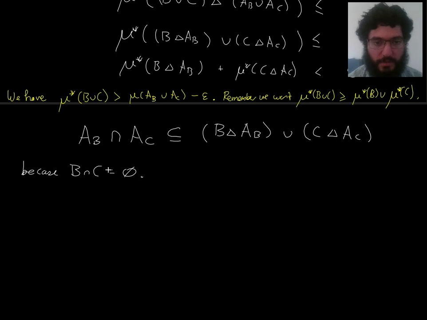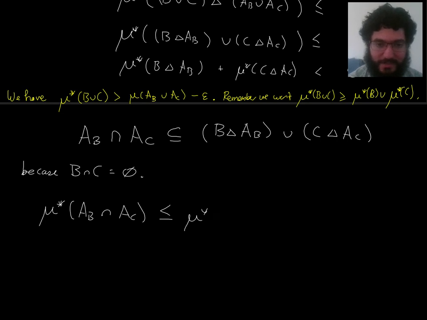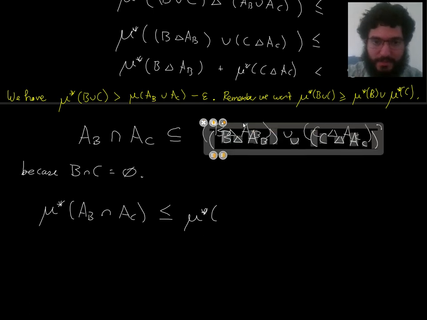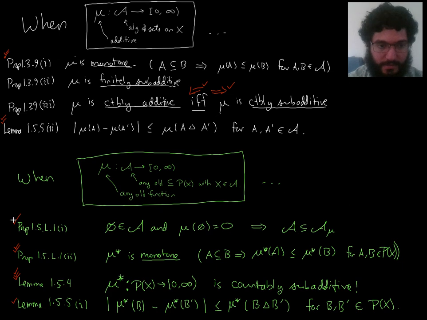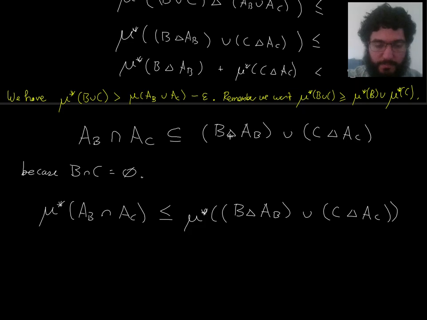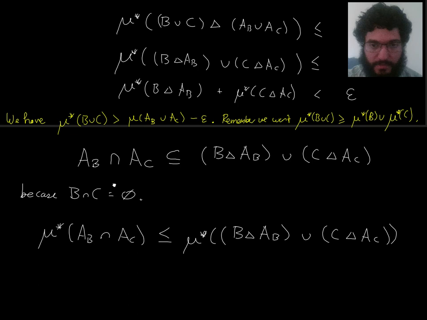So we are seeing here that while AB intersect AC is not necessarily empty, it still has to have small outer measure, right? So let me just be lazy here. We have this. And I think you know how it goes.